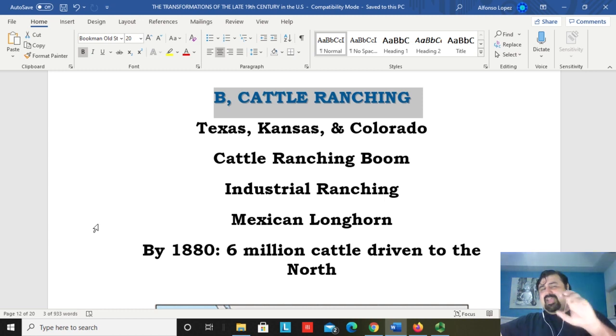But cattle ranching in the past was a small-scale type of enterprise that was only geared to provide meat products to local populations. One cattle ranch is going to provide beef to surrounding areas.